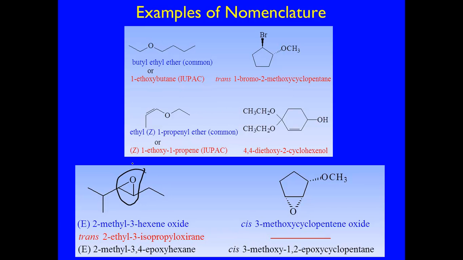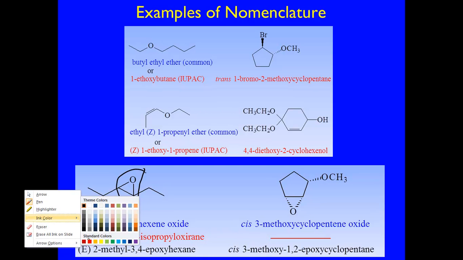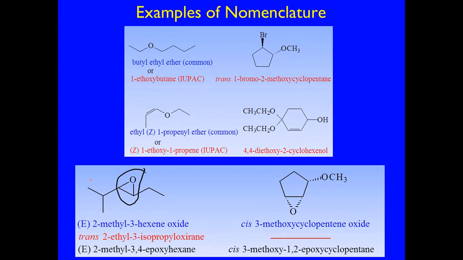If you start numbering from one end, so that's hexane kind of parent chain, 6 carbons. At 2 position you have a methyl, 2-methyl.